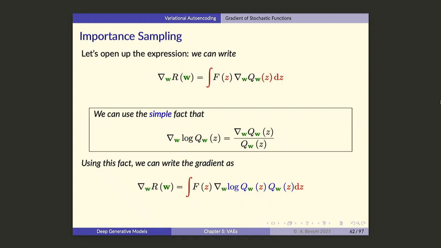And we are happy with expectations because we can just compute them by sampling, right? So this is the expectation of f times the gradient of log of the distribution, right? The gradient can go inside the expectation, but you're going to carry the gradient of log with it, right? And then you can solve the problem. This is quite general, for any distribution it's going to work.